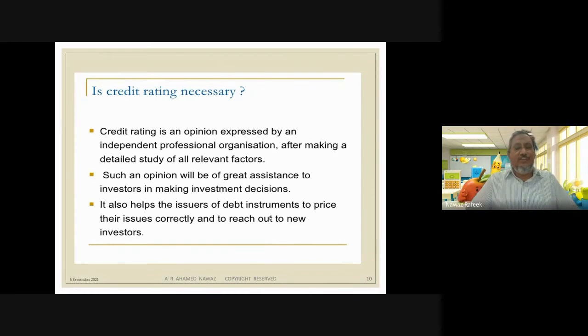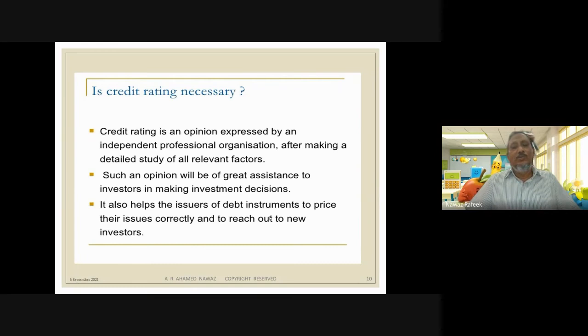For example, Fitch, Standard and Poor's, Duff and Phelps. Those are internationally recognized rating agencies, rating companies, and they are professional in that sense.